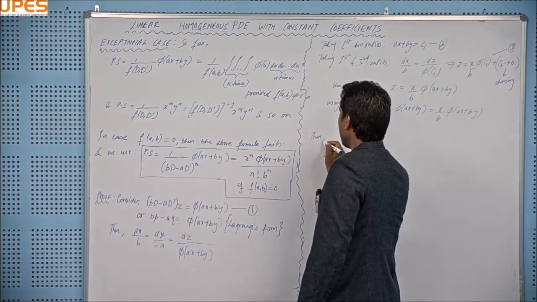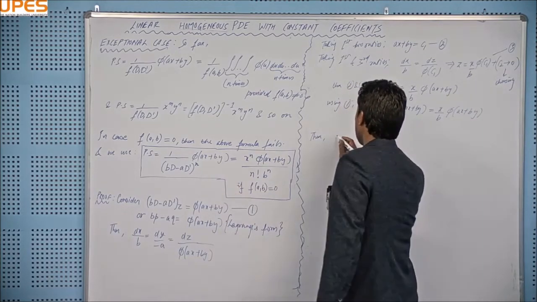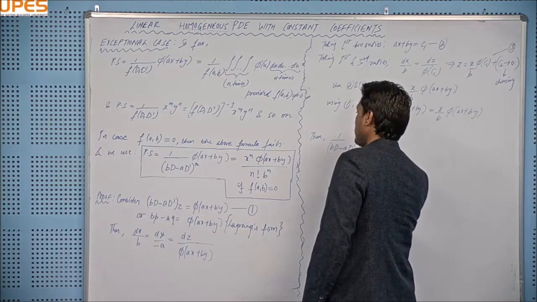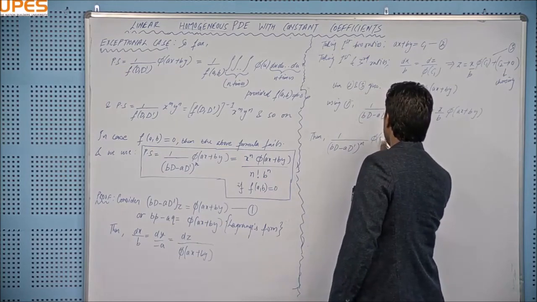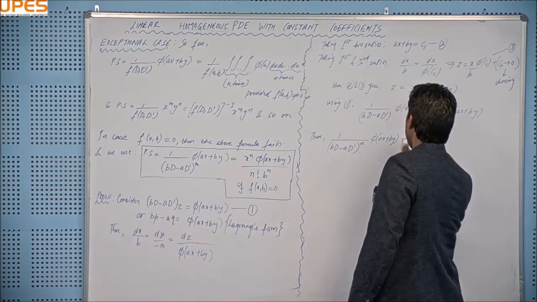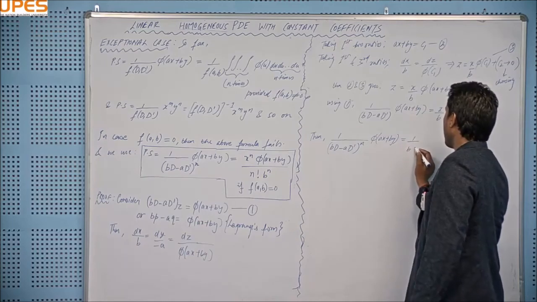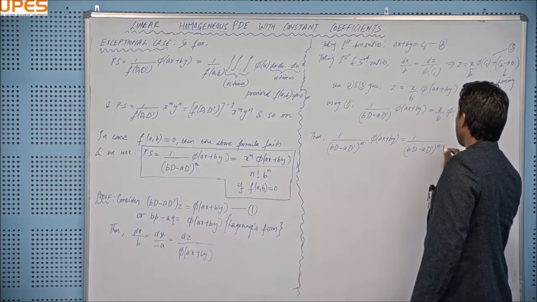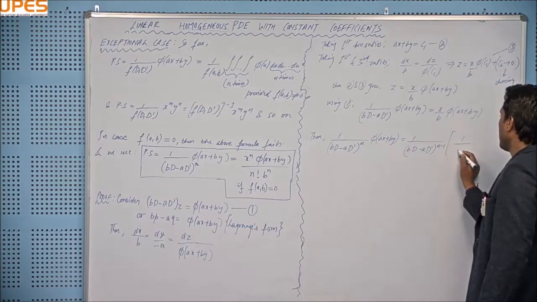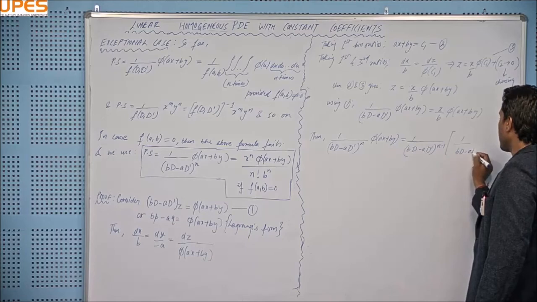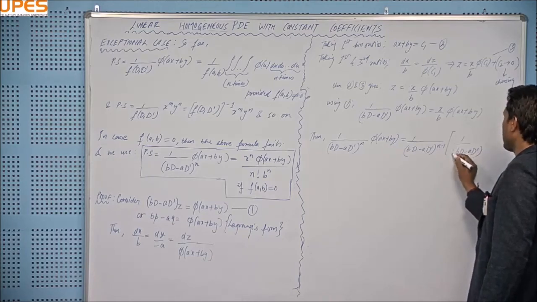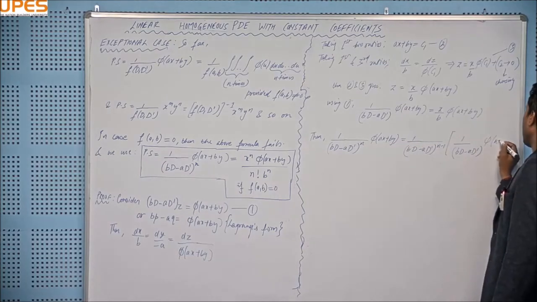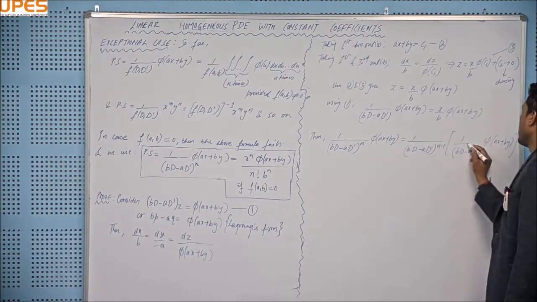Then my target is this term, 1 upon bd minus a d dash to the power n phi ax plus by, which can be written as 1 upon bd minus a d dash to the power n minus 1 and 1 upon bd minus a d dash, because the addition of these exponents will give this, phi of ax plus by. That's fine.